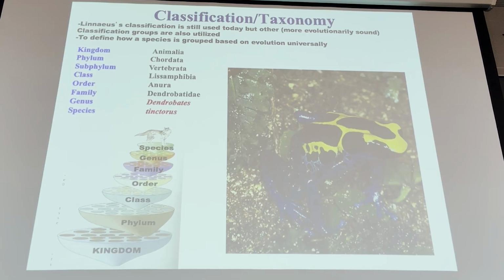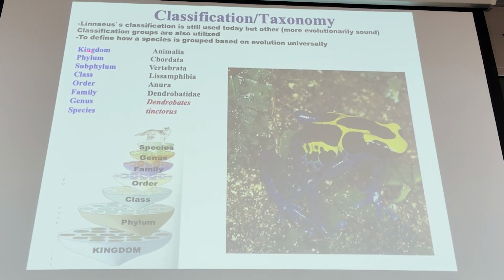We have backbones. And so we're going to throw all the classes of these backboned animals into Vertebrata, which is the subphylum. And then all Vertebrata belong to the larger phylum Chordata. And then chordates are one type of animal, right? There are many types of animals.